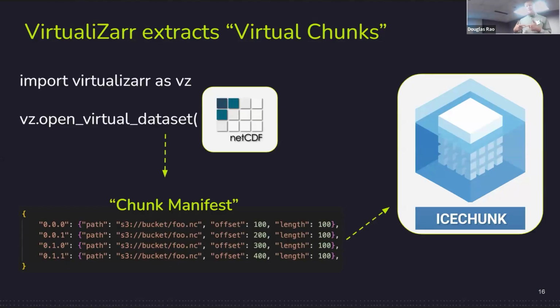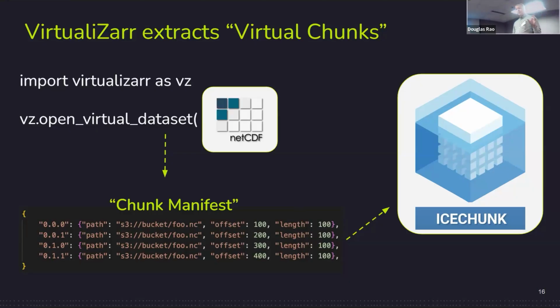You open up a NetCDF file as a virtual dataset, and you can look at one of these entries, like 0/0/0, which is a path to a NetCDF file with some offset and some length in bytes. And you work with these, you can concatenate them. So you have a list of NetCDF files, you create a virtual dataset for each one with VirtualiZarr, and then you can use Xarray concat to create one virtual dataset.